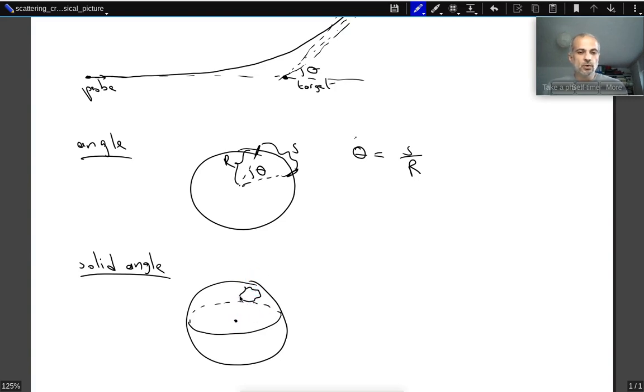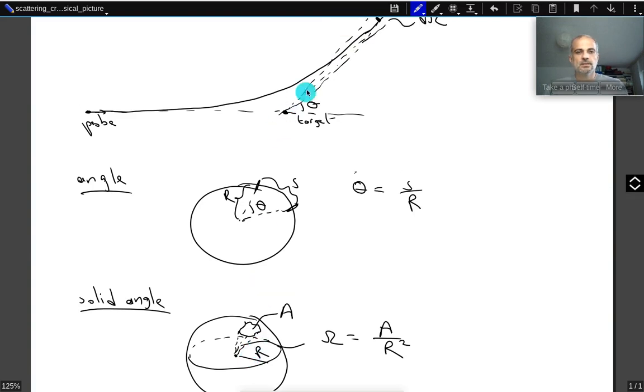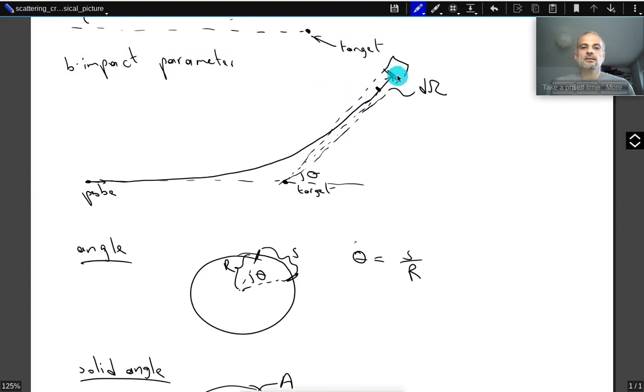If you imagine the cone with that area as its surface area, that is what we call our solid angle. Let me just use omega; it need not be small. If the area over here is A, the solid angle is defined as A over R squared, R being the radius of this sphere. So here, the detector actually measures the solid angle.